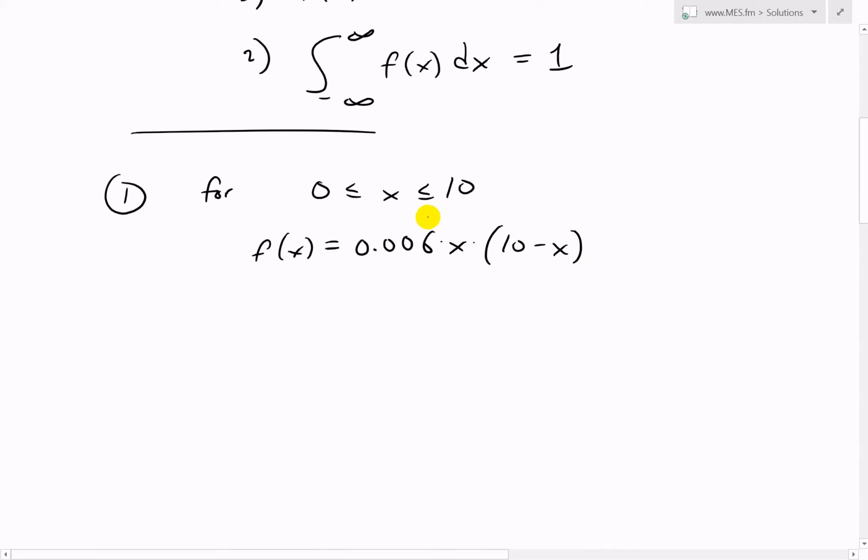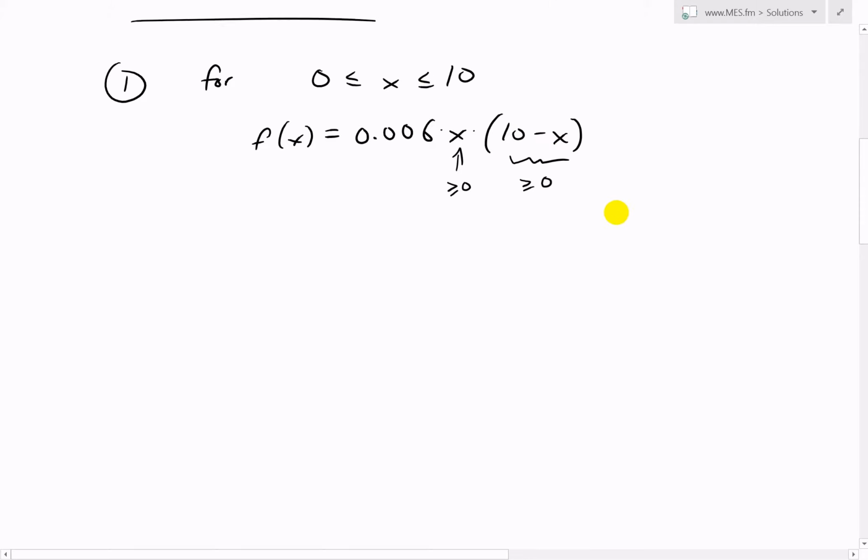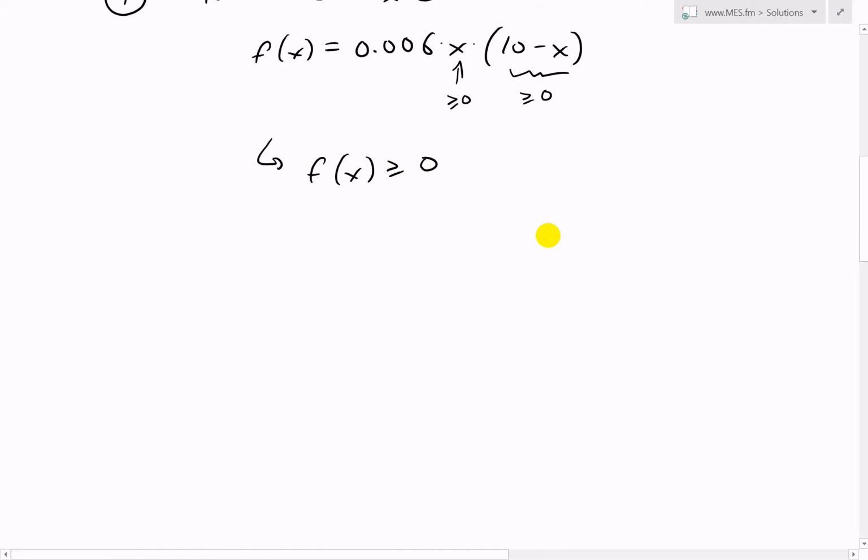Since x is positive in this interval, x is greater than or equal to 0. And for 10 minus x, say we put in 9, you get a positive number, so this part is also greater than or equal to 0. Only when you go over 10 do you get a negative number, for example 10 minus 11 is negative. But this interval is from 0 to 10, so f of x is greater than or equal to 0. That fits the first condition.